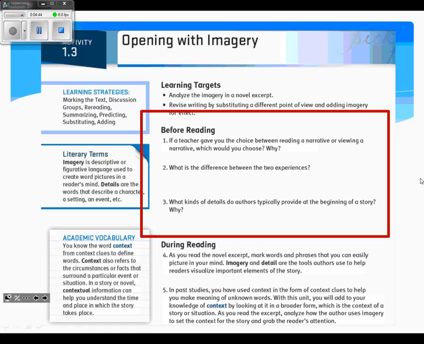All right, and lastly, that third question. Could you read that third question for us, please? Jacob, could you read that for us? Okay, so at the beginning of any story, we're given what kind of information? You can think back to exposition, that first element of plot, what kind of stuff generally gets thrown at you.